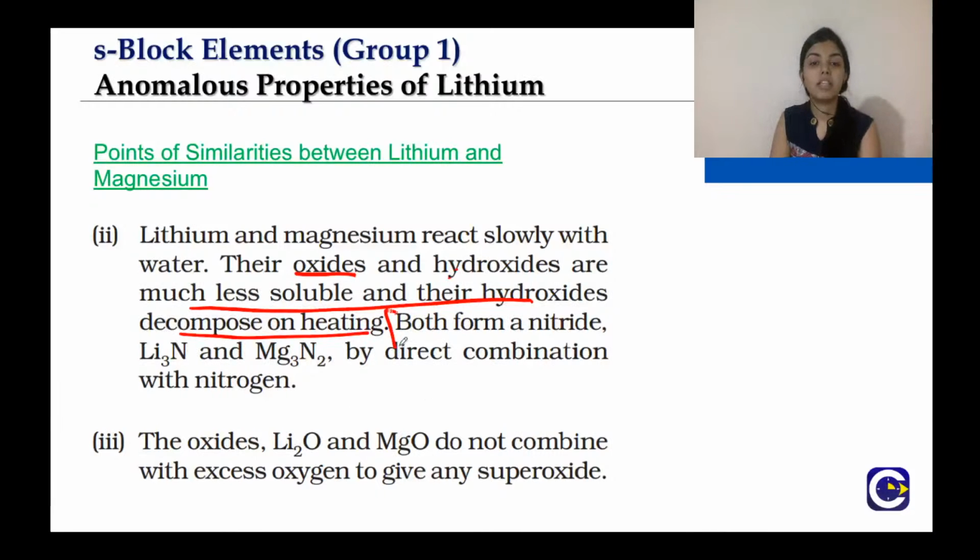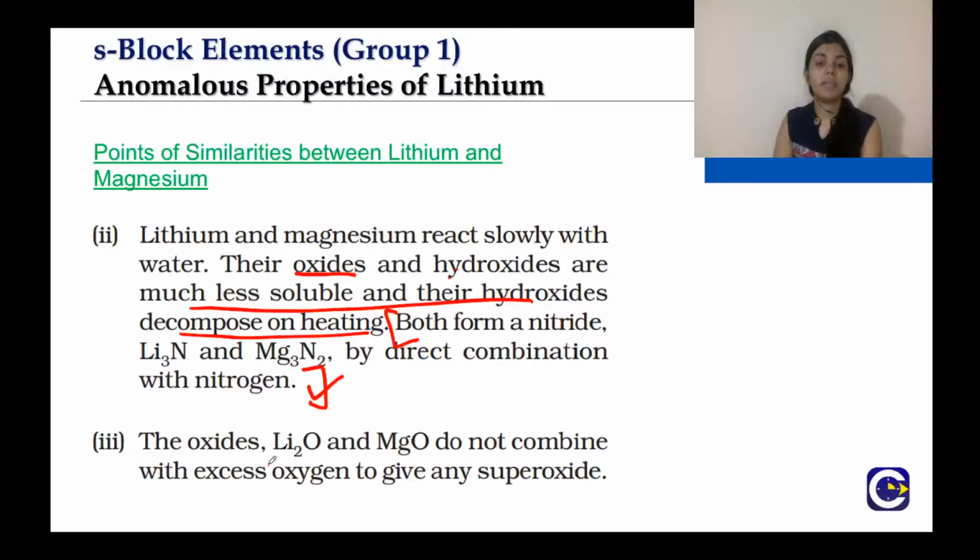Now, this is a very important fact, that they both form nitride on reaction with nitrogen, that too by direct combination. So in group 1, except lithium, no one else is able to do that, and in group 2, except magnesium, no one is able to form nitride on direct combination with nitrogen. Right?